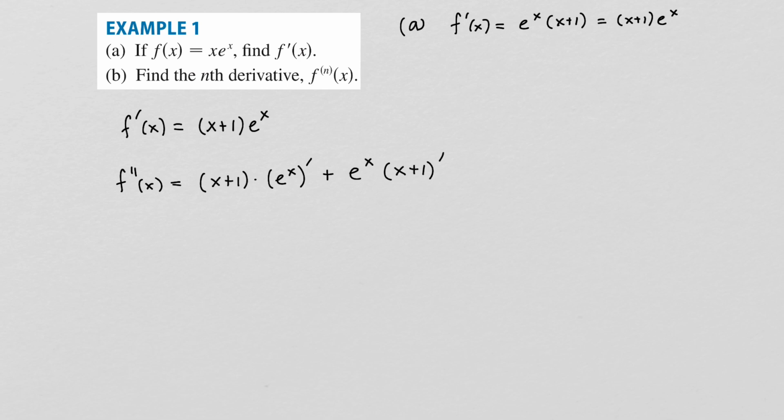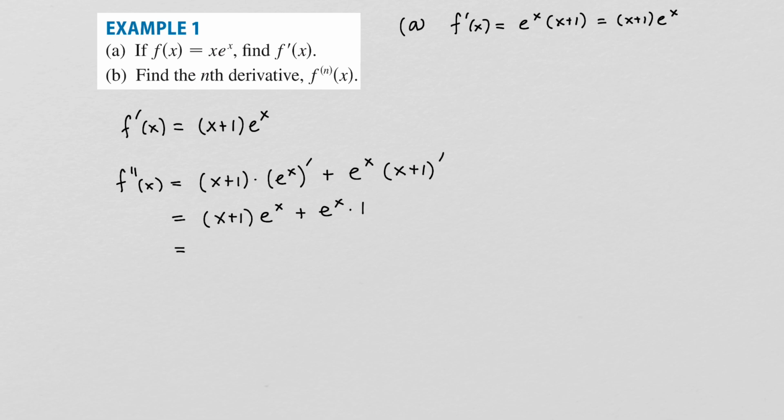So we're just applying the product rule, but now we're applying it to the first derivative. And so doing the math here, we get x plus 1 times the derivative of e to the x, which is e to the x, plus e to the x multiplied by the derivative of x plus 1, which is 1.